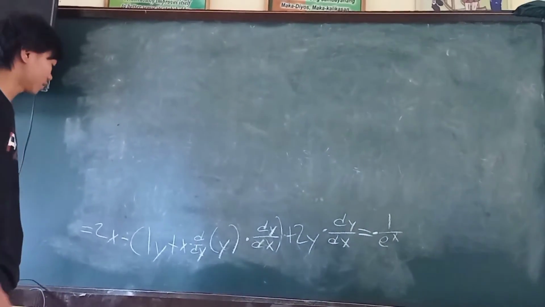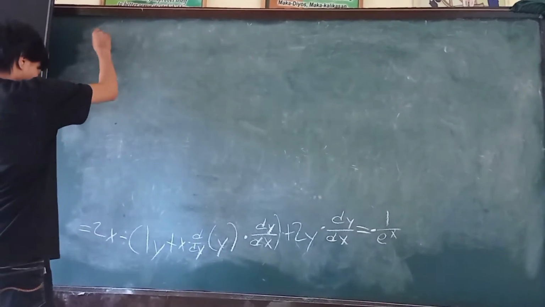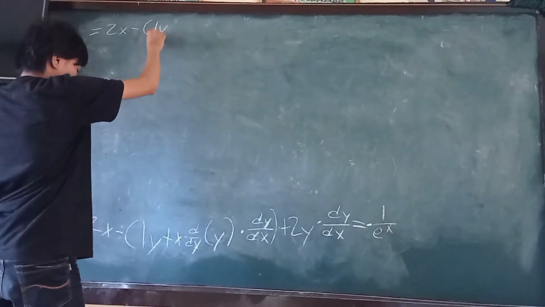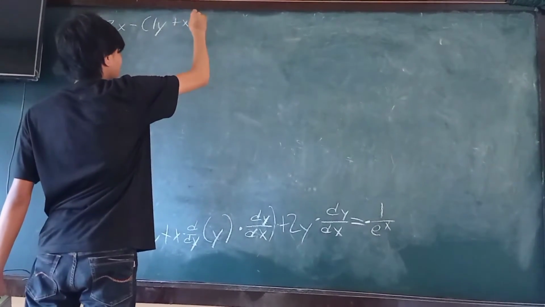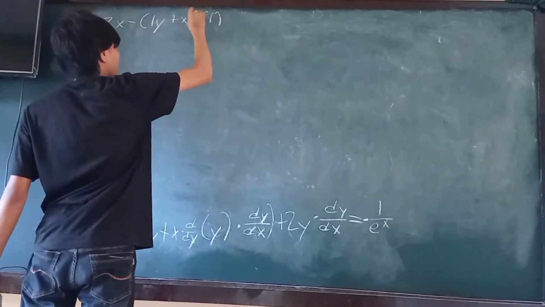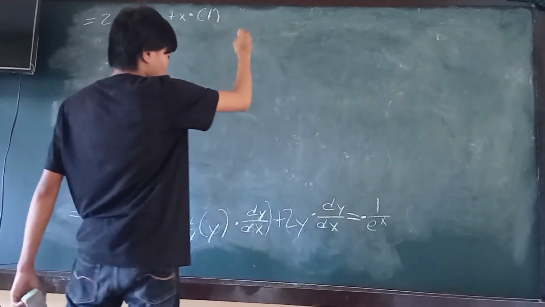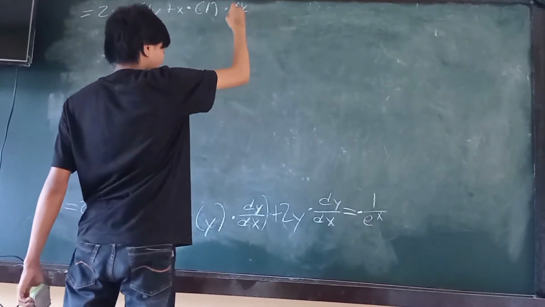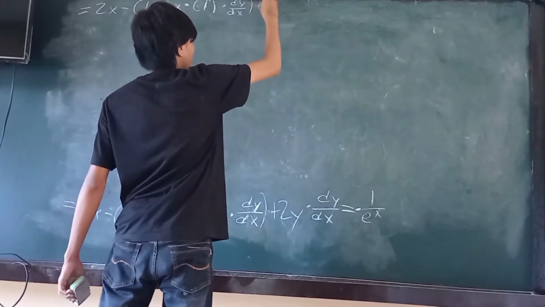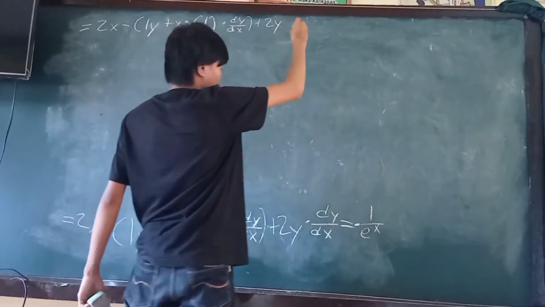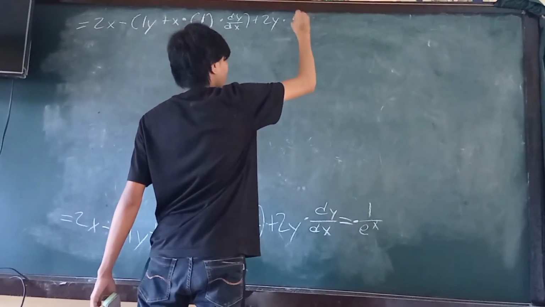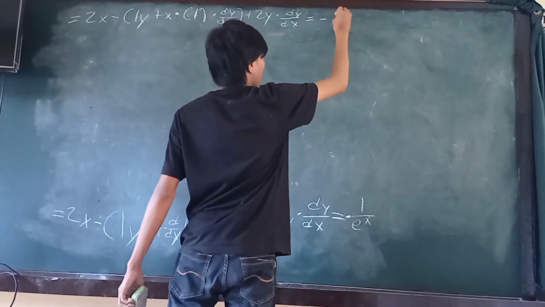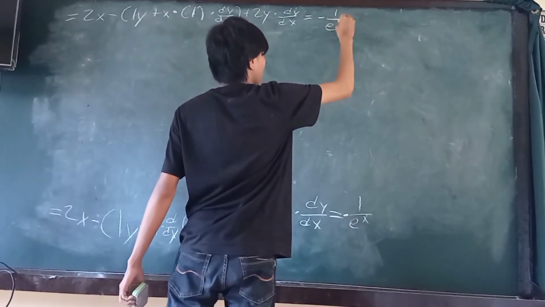Then next step is calculate the derivative. So 2x minus 1y plus x times 1 times dy over dx plus 2y times dy over dx is equal to negative 1 over e raised to x.